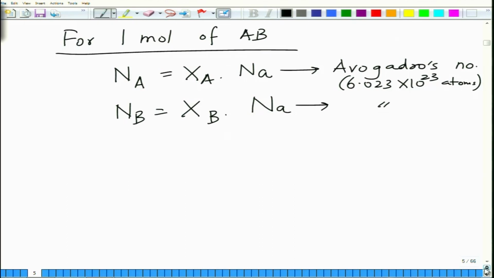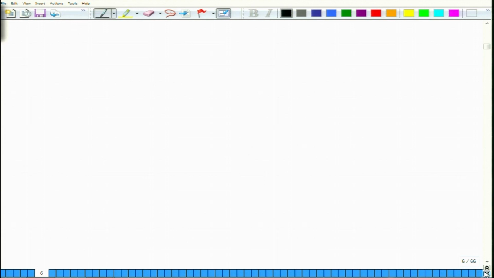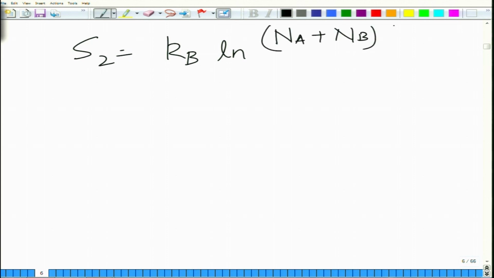So, now to solve this expression, we have seen that W2 is equal to (Na plus Nb) factorial divided by Na factorial into Nb factorial, and we know that S2 is equal to Kb ln W2, which means S2 will be equal to Kb into ln of (Na plus Nb) factorial divided by Na factorial into Nb factorial.